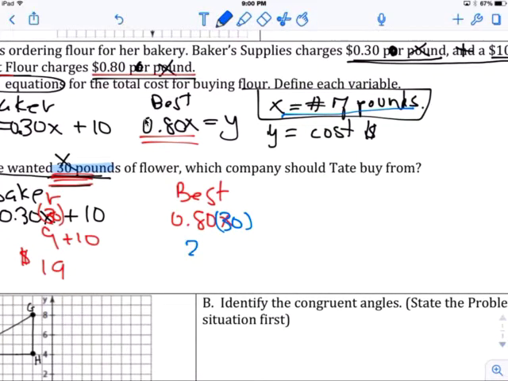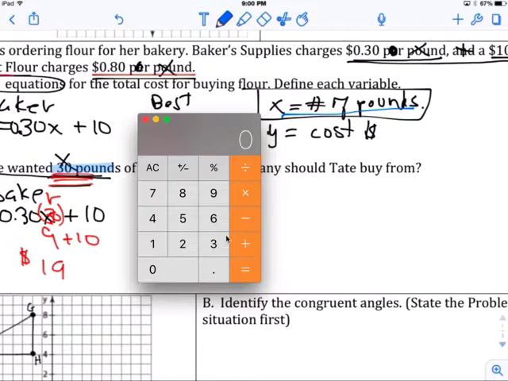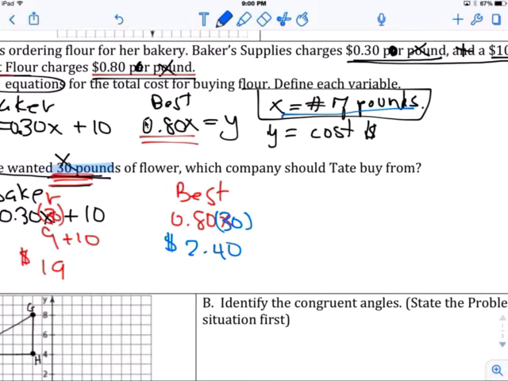So that's $2.40. Let's just check and make sure that I am right. 0.80 times 30 pounds, $24. $2.40? We wish, huh? That's why we check. $24.